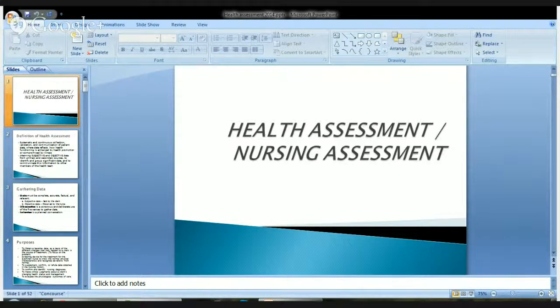So, we should note down that some positions are embarrassing and uncomfortable, and therefore, it should not be maintained for a long period of time. The assessment is organized so that several body areas can be assessed in one position, thus minimizing the number of position changes needed.